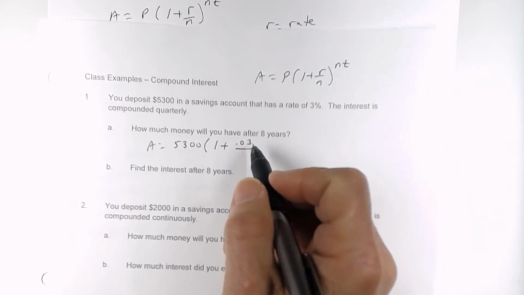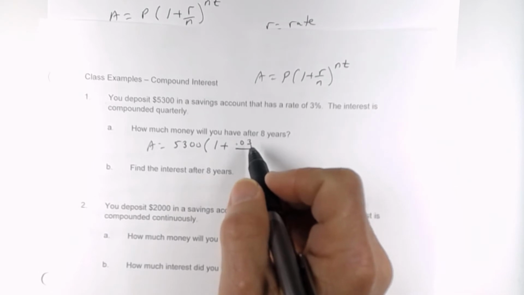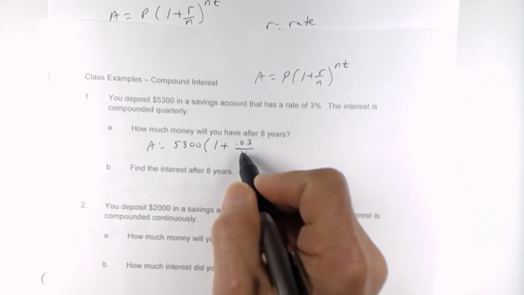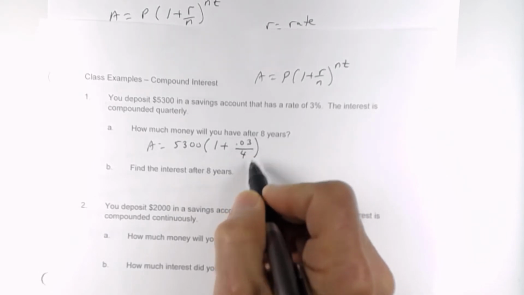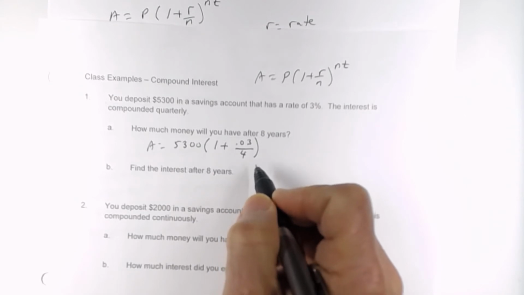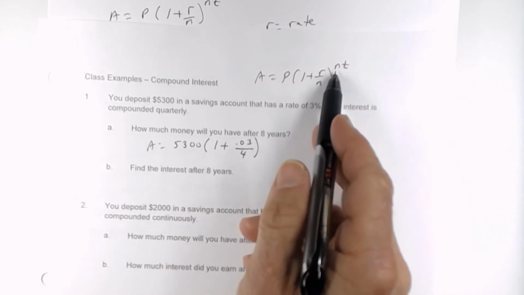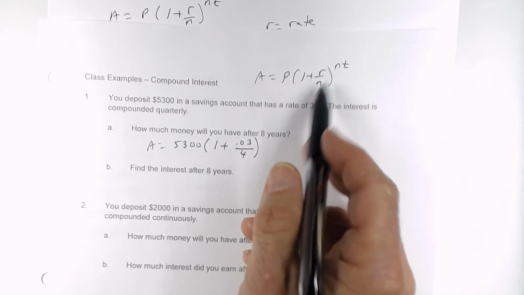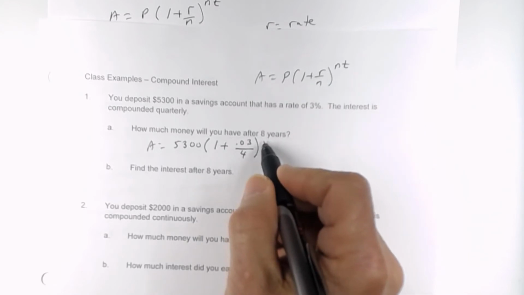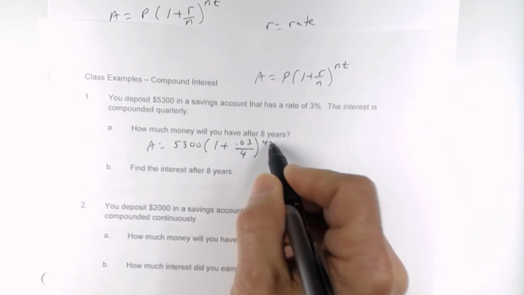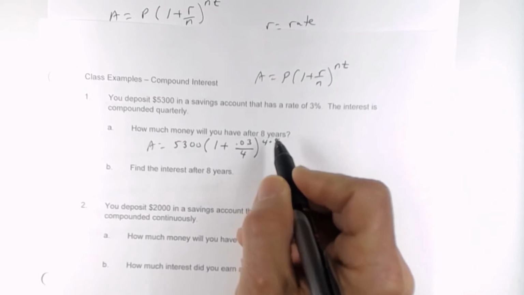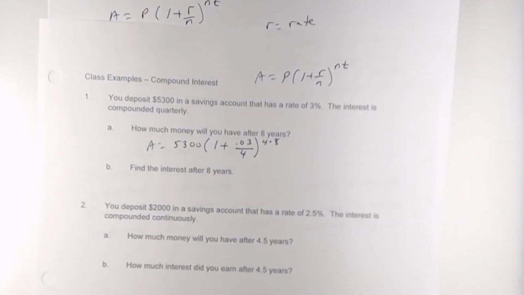It says quarterly, so N is 4, all raised to the NT power. N is 4, and T is 8. Okay, so that's what I have.